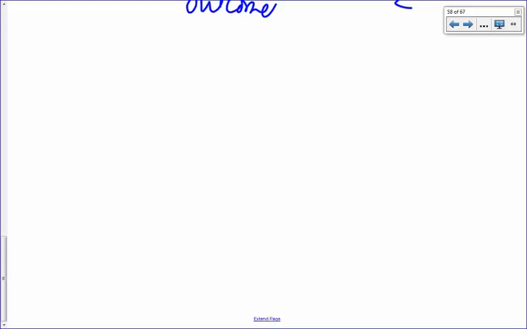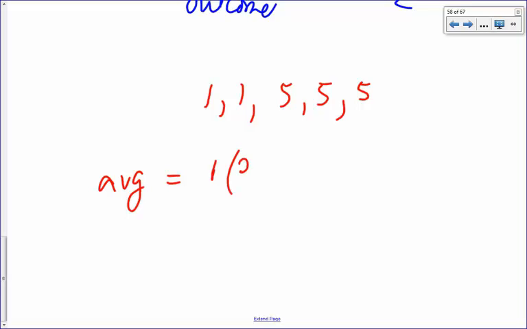Let's do 1 and 5. So 1, 1, 5, 5, and 5. What's the average here? You can say 1 times 2 over 5 plus 5 times 3 over 5. If this is representative of a very large number of measurements, then 2 out of 5 will be the probability of getting a 1.